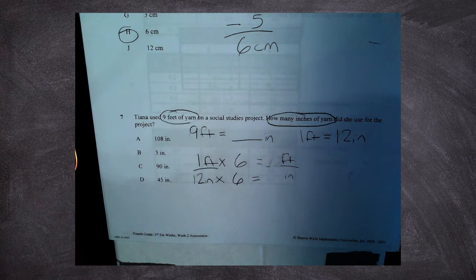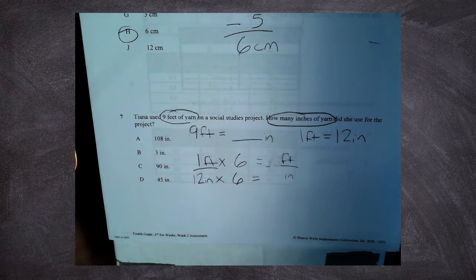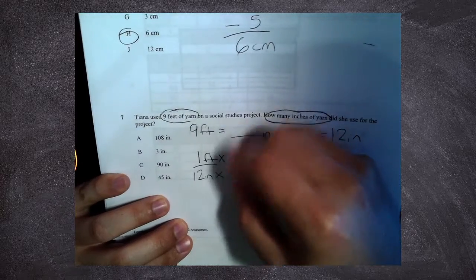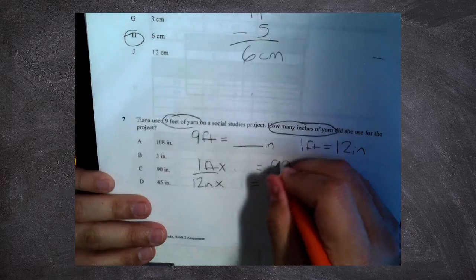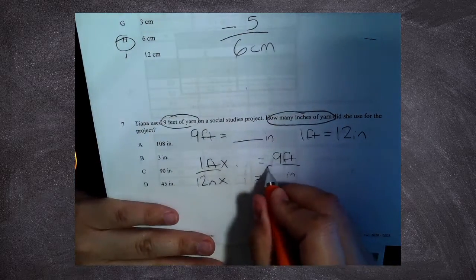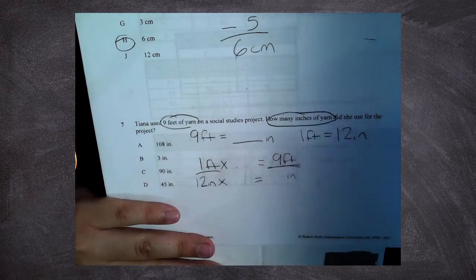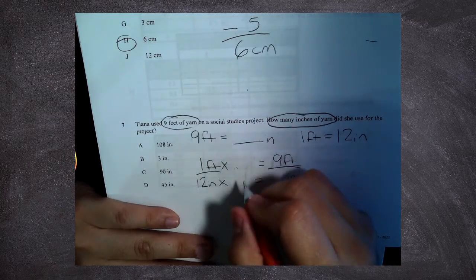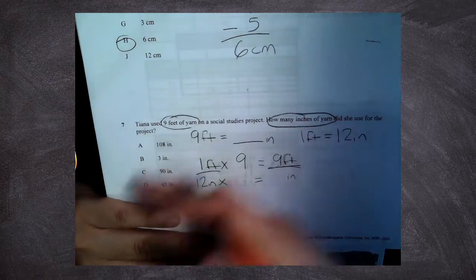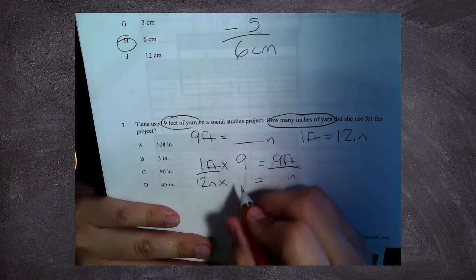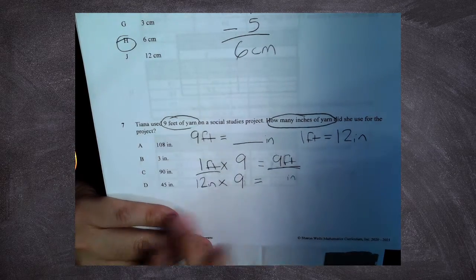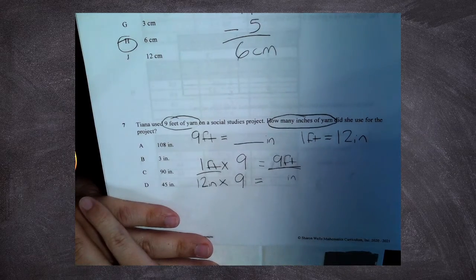Obviously, they found me not being very careful for a bit, but thankfully, I realized what the mistake was before I did the rest of my math. Not 6 feet, it's 9 feet. So if I want to change from 1 to 9, I can't multiply by 6, I have to multiply by 9. Which means that I need to multiply my inches by 9.